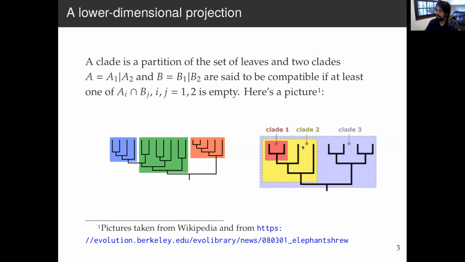So here I'm showing you two families of clades. These are disjoint clades, right? So clades are basically subtrees, and these are disjoint. But clades can also be nested, right? So here, red is nested within yellow, which is in turn nested within blue.